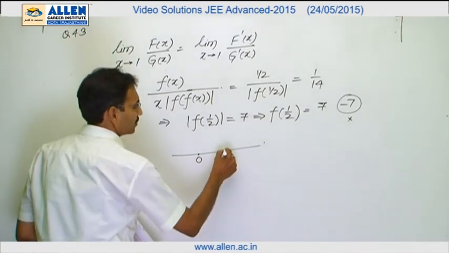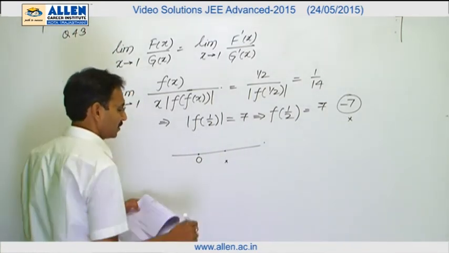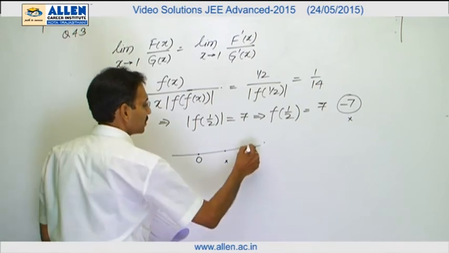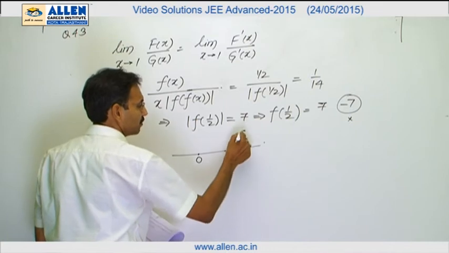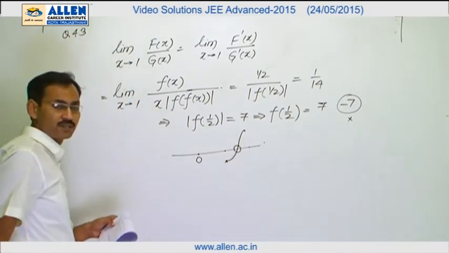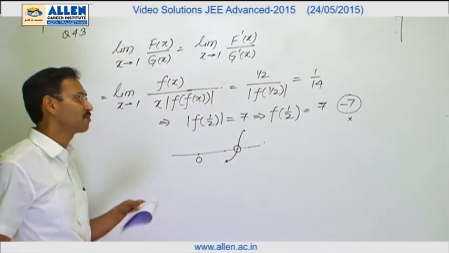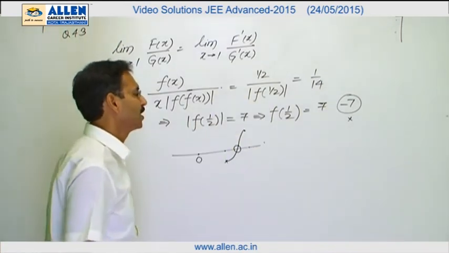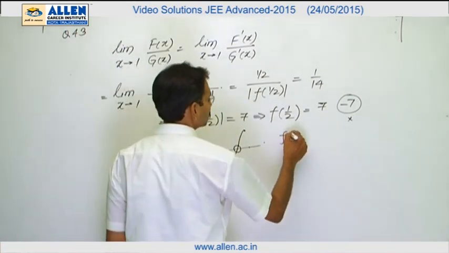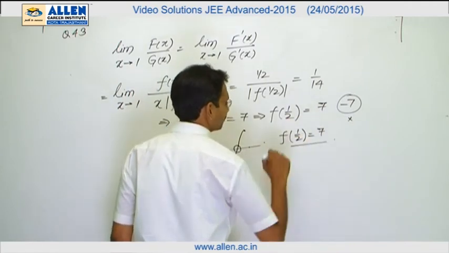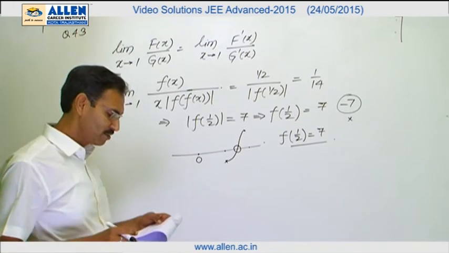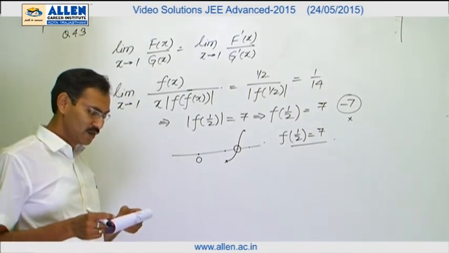If f half is minus 7 and f1 is given as half, it means while moving from half to 1 it will have one more root, which is not possible as per the given information. Therefore we will reject minus 7 and f half equals 7, although you may have already picked up 7 as per the situation of the problem. So the answer is 7.